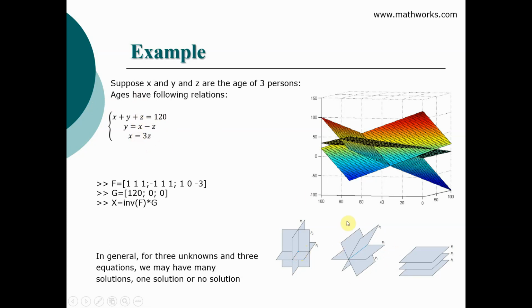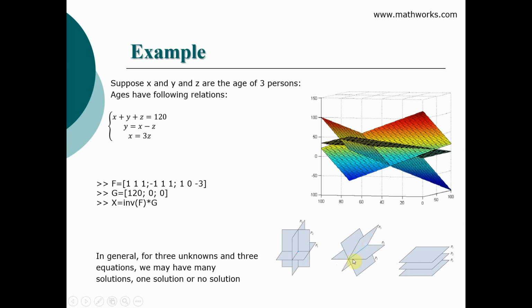You can have the three equations intersect in a line. In that case, how many points do we have that exist on all P1, P2, and P3 at the same time? We have an infinite number of points, right?